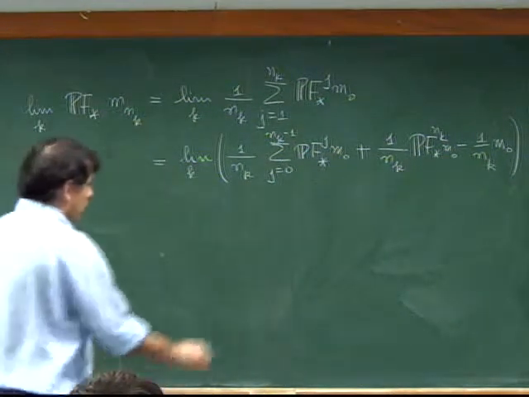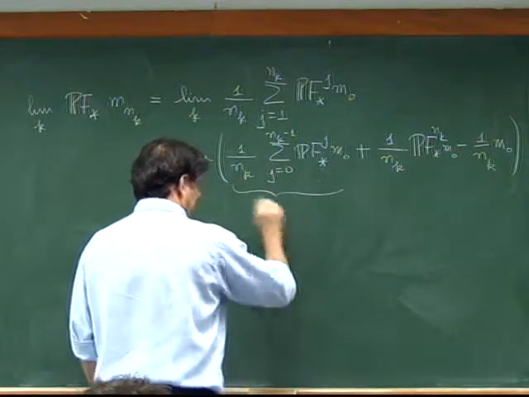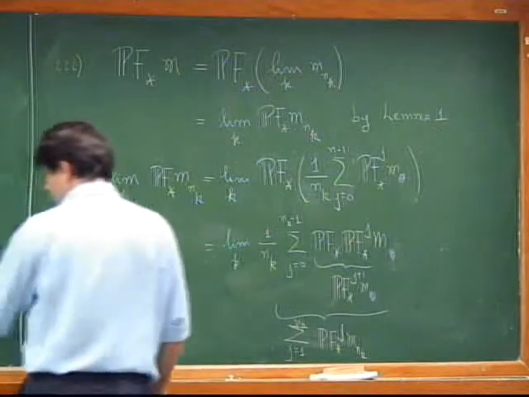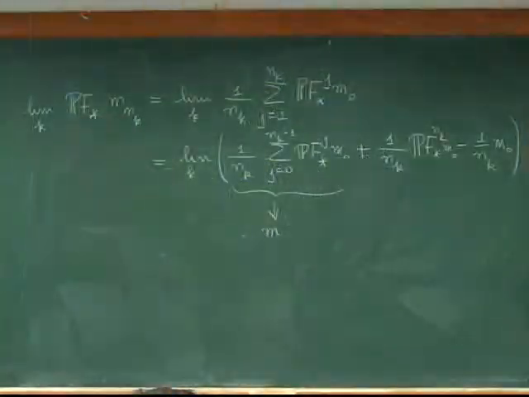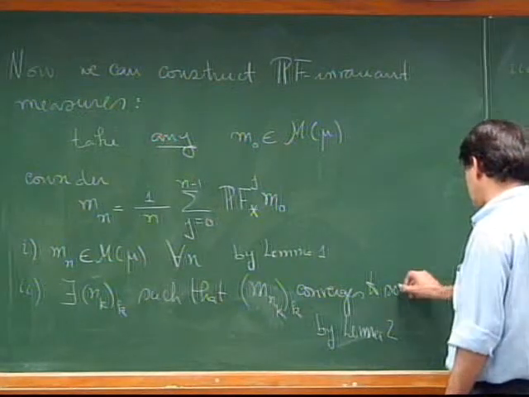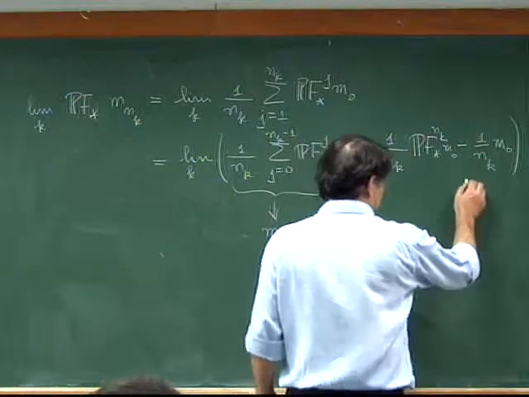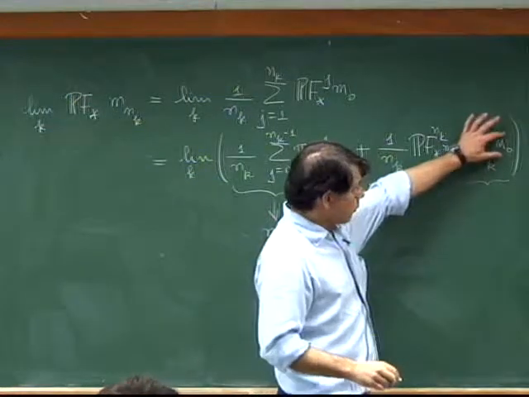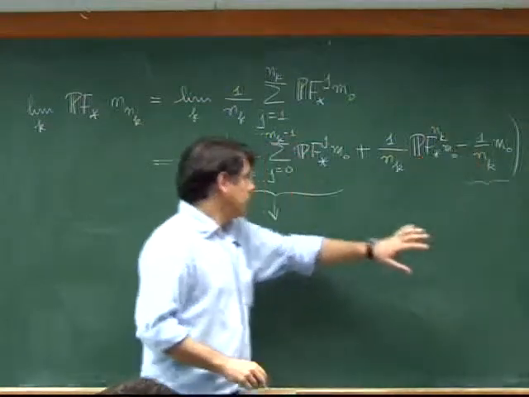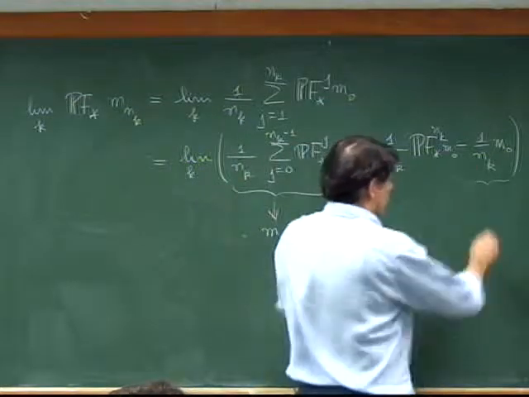Now, this, by definition, converges to m. This is easy. You have a probability measure, you divide by nk, and you make k go to infinity, nk goes to infinity, this converges to 0.